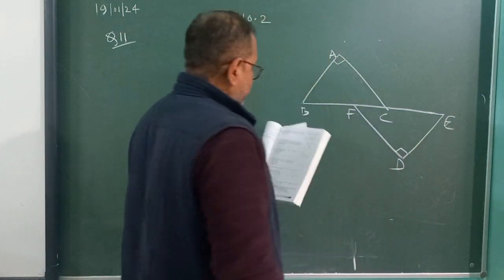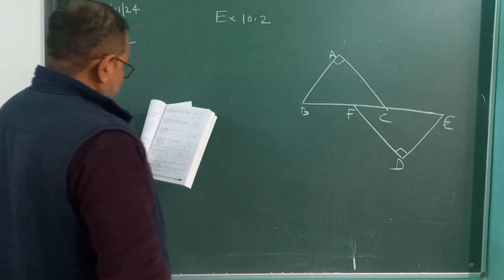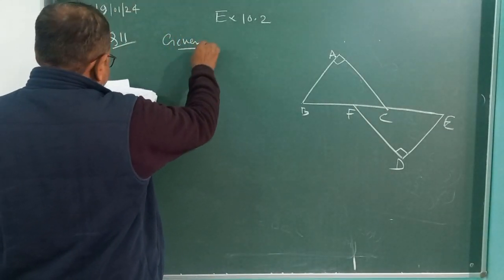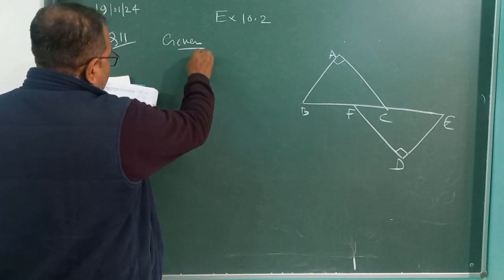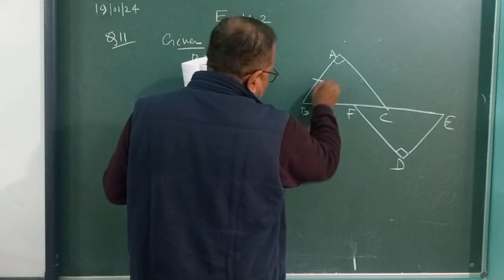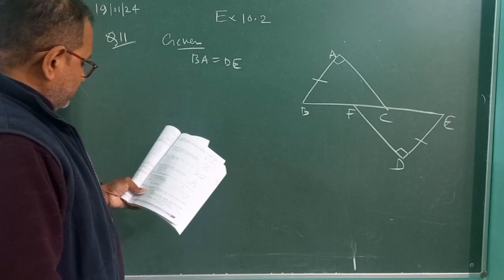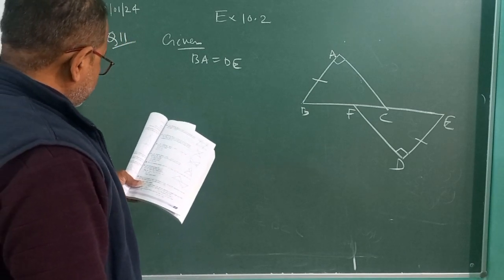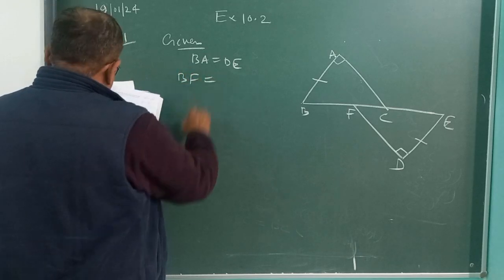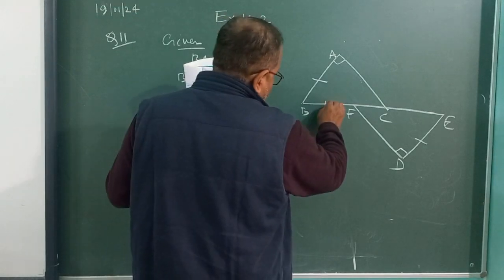Here angle is 90 degree. Given that BA is equal to DE, BA and DE, these two sides are given equal, and BF is equal to EC, it is also given equal.